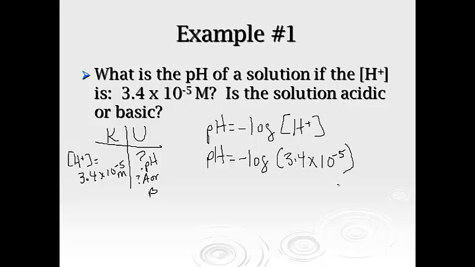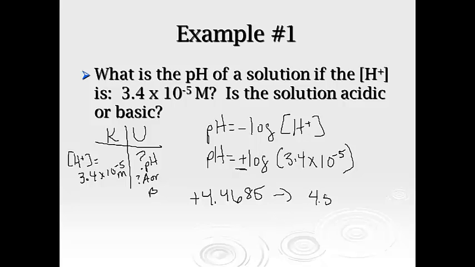If you're looking at your calculator, you want to type in 3.4 times 10 to the negative fifth, and you're going to take the log of that. It's going to give you on your calculator negative 4.4685. Now, too many sig figs there. We only need 2. But that negative number gets canceled out by the negative sign out front.